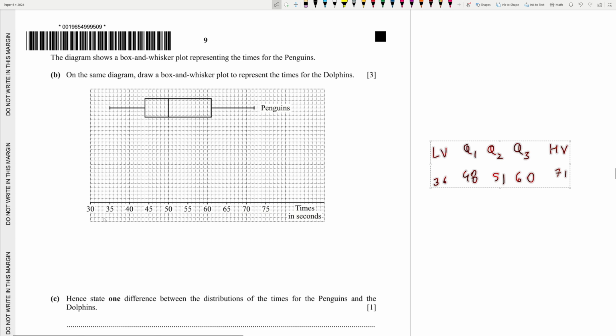So let's go. Just draw it like them. 48, yeah. One, two, three, four. And then 51, 60.